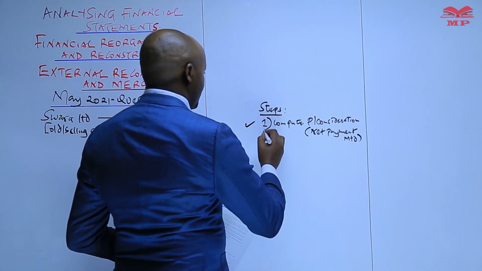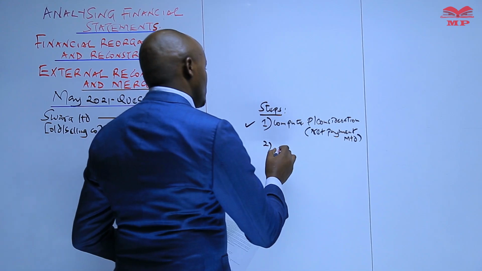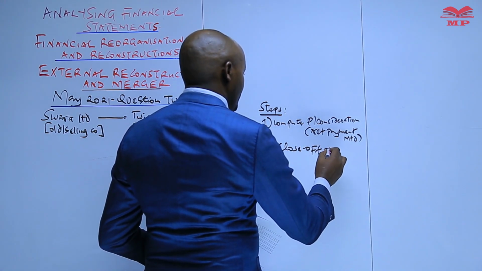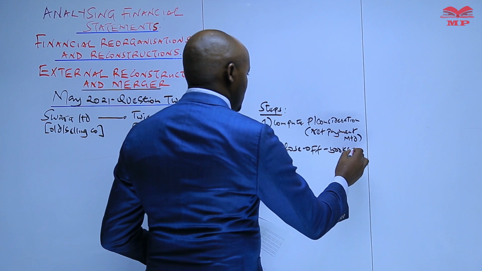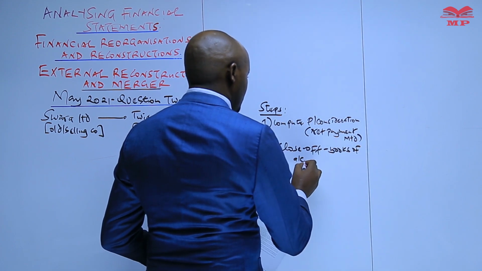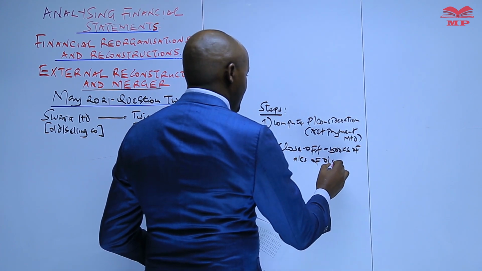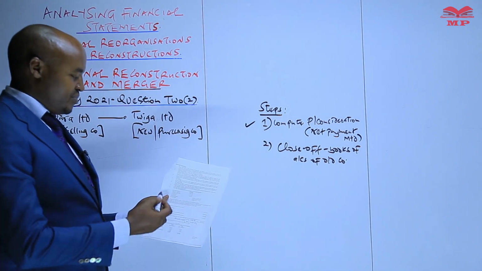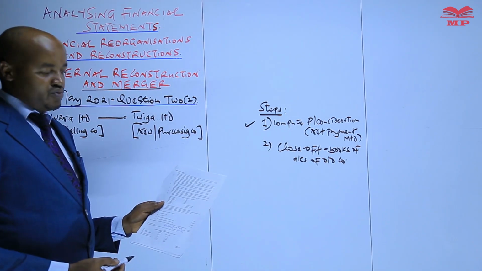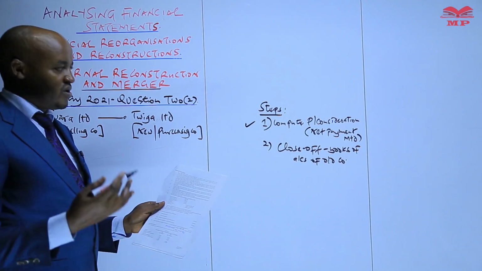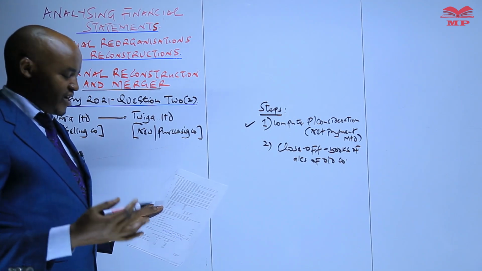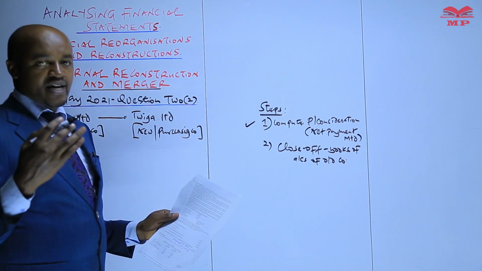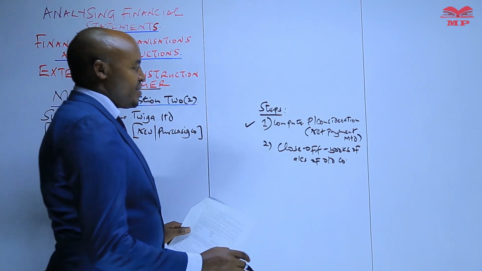Once you have computed that purchase consideration, step 2, you proceed and close off the books of accounts of the old company, and for you to do that, you need to prepare the accounts we are required to prepare: 4 main accounts, realization account, Twiga Limited account, ordinary shareholders account, and preference shareholders account.